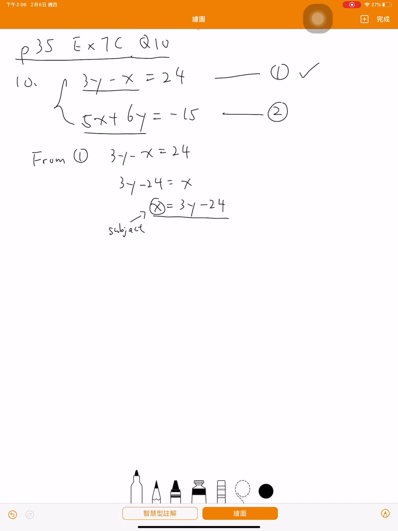So we can call it a new equation. For example, give you the name, this equation 3. So then we can do the same thing, that is substitute the equation into 2. But remember, we cannot substitute into 1. We cannot, only 2. Why? Because this equation 3 is from 1.